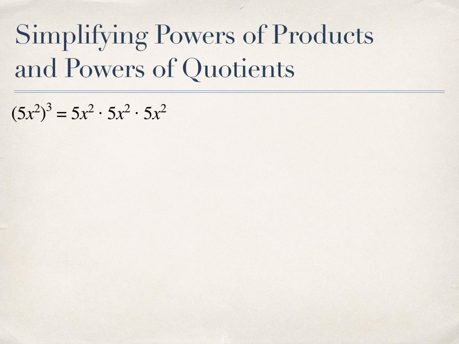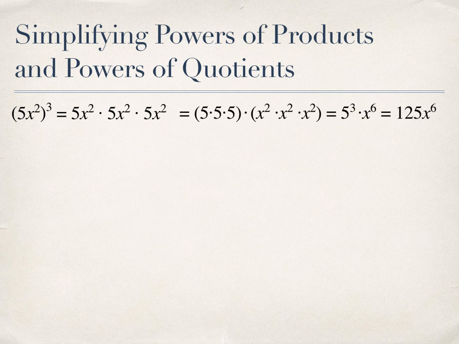So that's if I'm raising a power to a power. Okay, so what happens if I'm raising a product to a power? Well, I've written out what this means to cube a number. I'm multiplying 5x squared by itself 3 times, and I can expand that and simplify it. And I can see that I could have gotten the answer by taking each factor inside the parentheses and raising them separately to the third power.